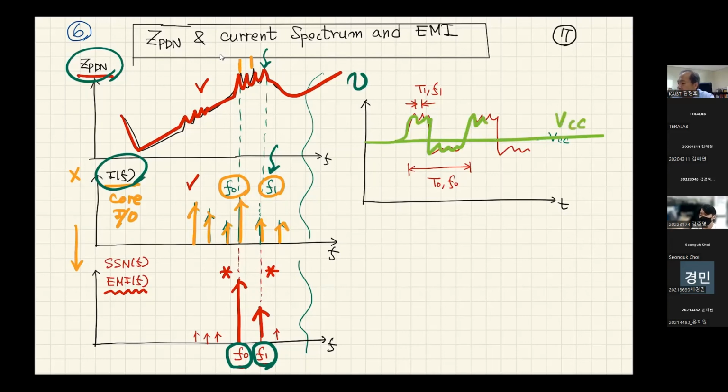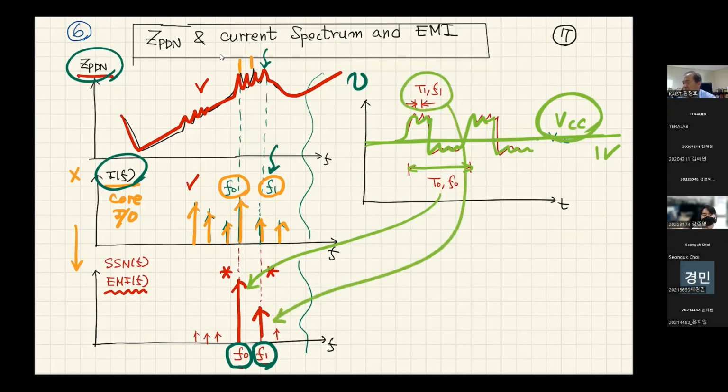We are assuming that our ideal voltage is a constant voltage, 1 volt, but actually it's going to have some ringings. The period of the large, low frequency ringing is related to the low frequency EMI peak, and the small ringing is responsible for the high frequency peaks, and these are coming from the resonances.